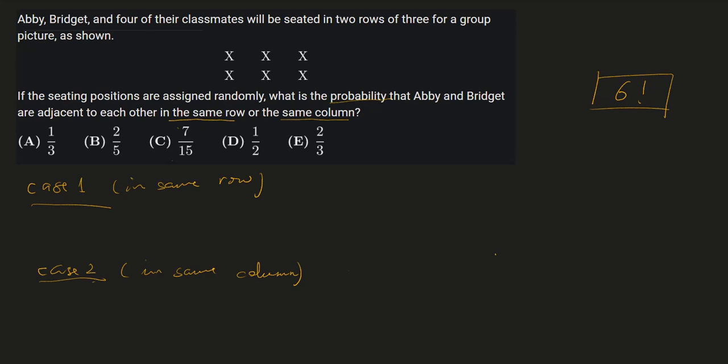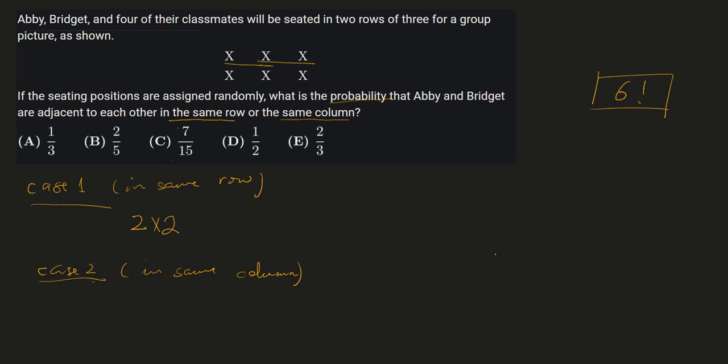Alright, let's look at case 1. If they are in the same row, we have 2 choices: either they are in the first row or in the second row. So 2 cases. And given that, the 2 students can be the first 2 or the second 2. That's only 2 possibilities. Therefore, we multiply by 2. And don't forget, these 2 students, Abby and Bridget, can permute.